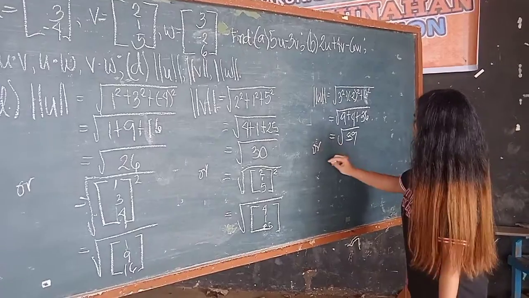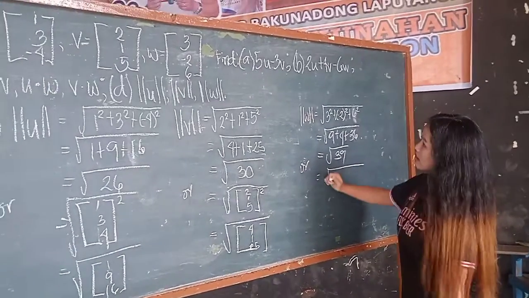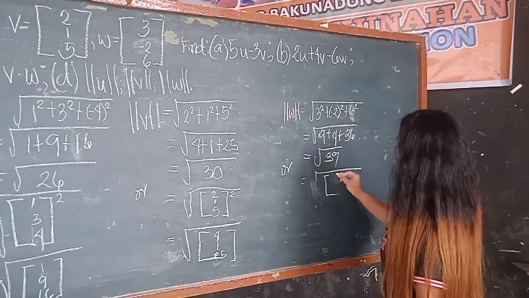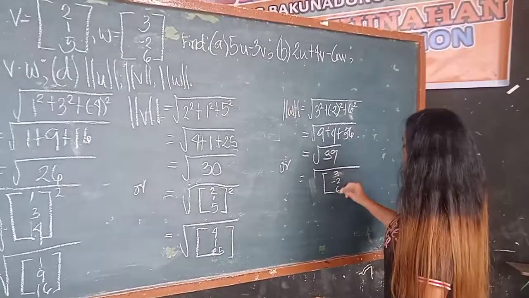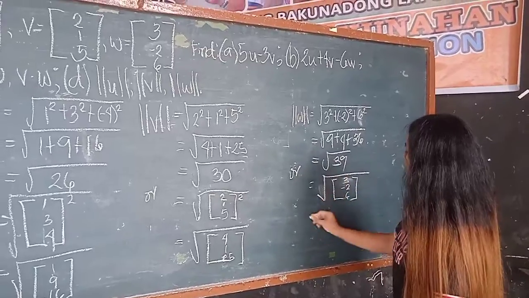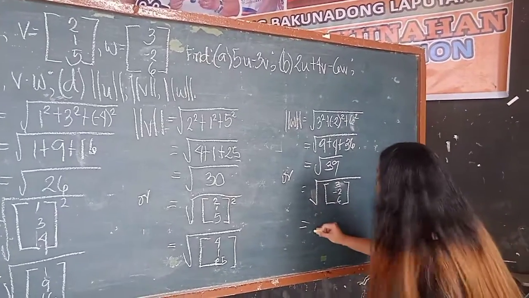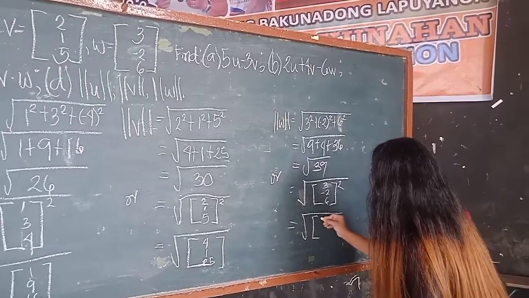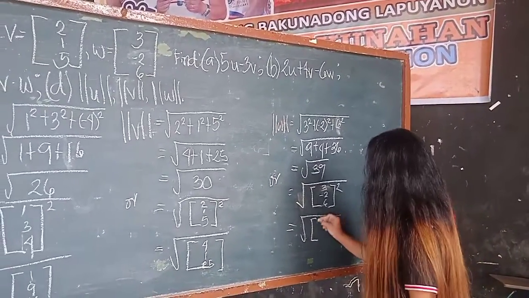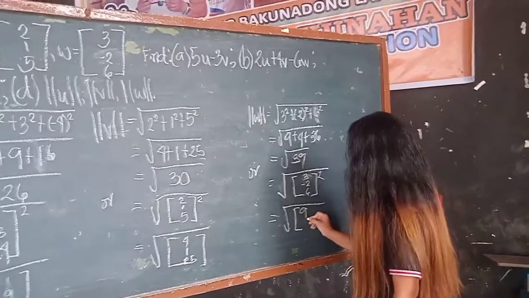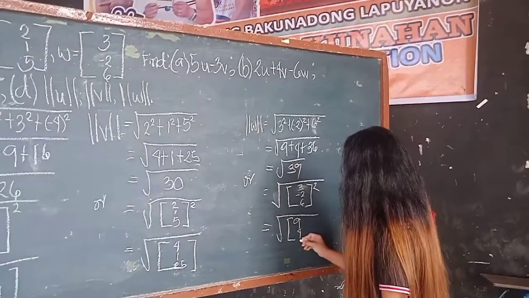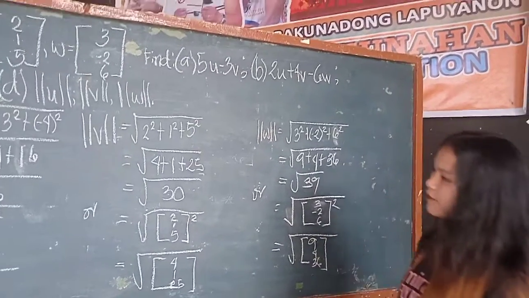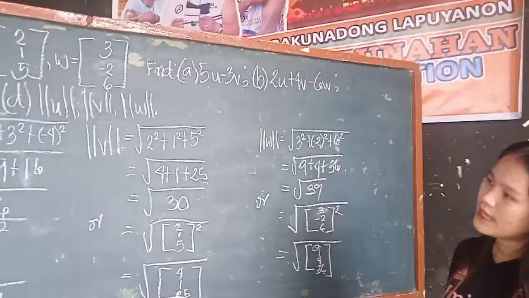For letter W, it becomes the square root of the matrix 3, negative 2, and 6 raised to the power of 2. 3 squared is 9, negative 2 squared is 4, and 6 squared is 36. So that's it for letter D, W, and number 2.